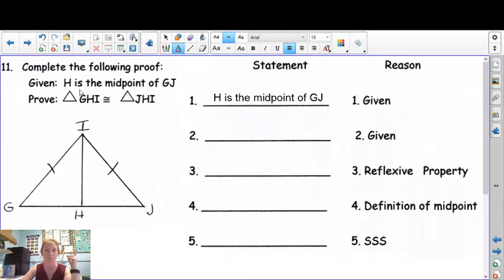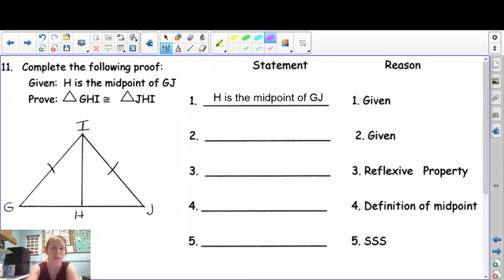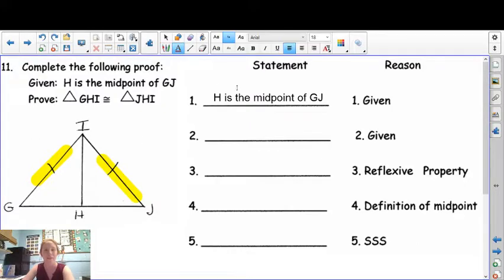Is it up there in the given? Nope. So sometimes we have to look on our paper and highlight or identify anything that's already given to us. So that side is given, so it has to be written. It's told to us in the problem.